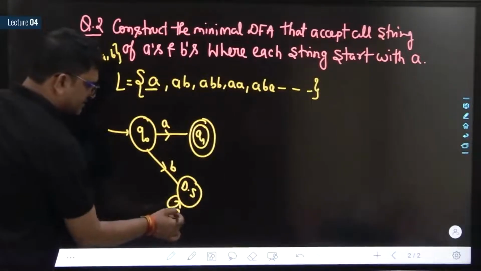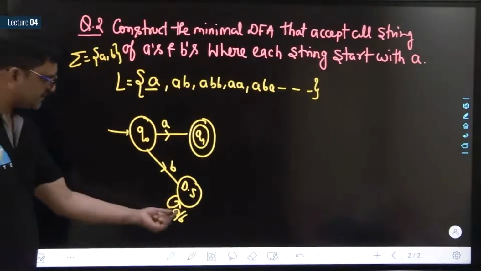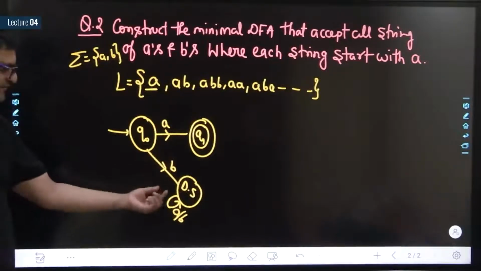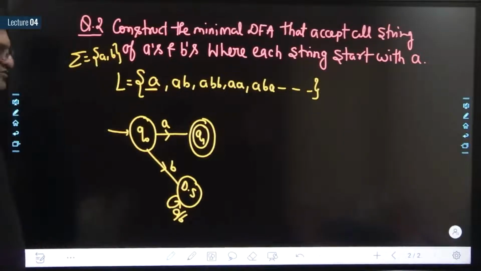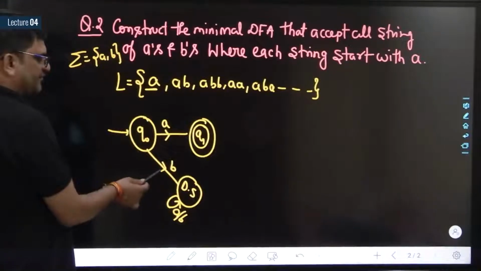Now make this state a dead state and give the transitions on A and B, because to satisfy the DFA definition, each and every state has exactly one transition on every input symbol. This state has two transitions, one for A and one for B.